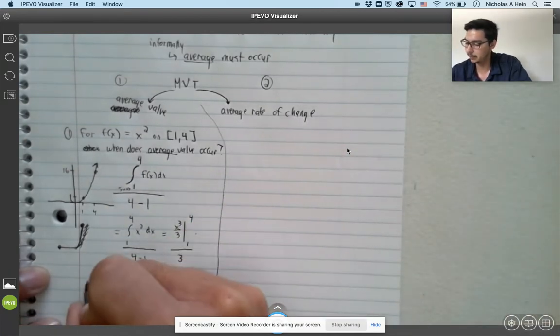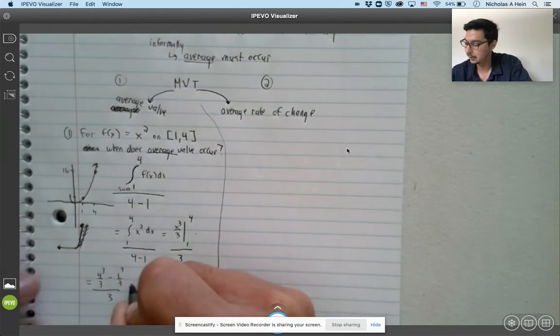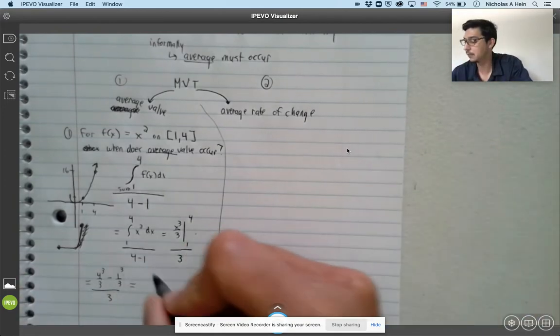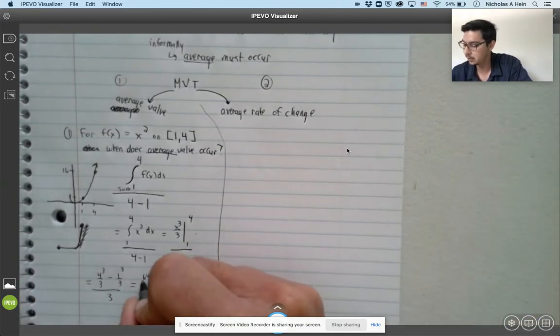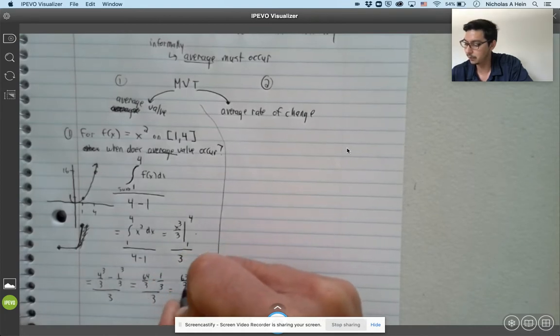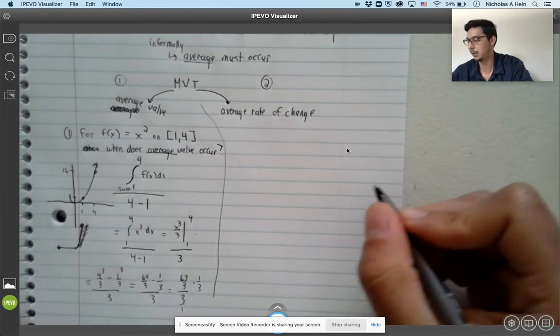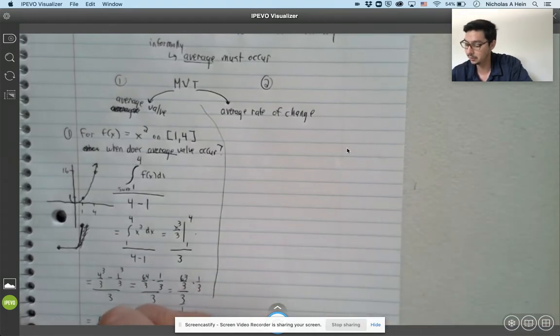That's 4 to the third over 3 minus 1 to the third over 3, divided by 3. 4 times 4 times 4 is 64, so 64 over 3 minus 1 over 3, which is 63 over 3, divided by 3, which is the same as multiplying by 1/3. So that becomes 63 over 9.